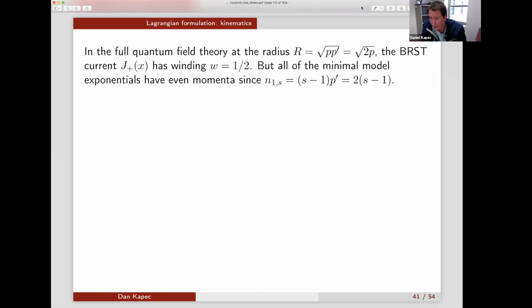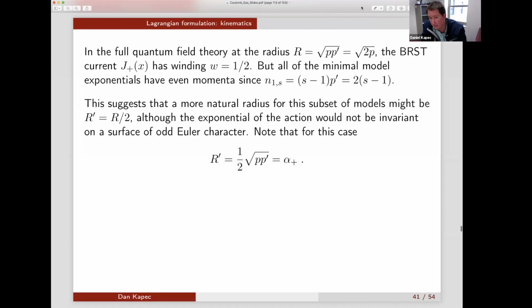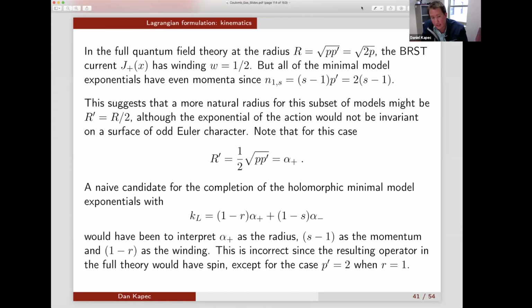So it looks like it would rather live at a radius which is 1/2 of what I'm using. In that case it would be equivalent to choosing R to just be alpha plus, essentially, which would be square root of P over 2. That would have been a naive guess for how to complete this model, because when working holomorphically, they're choosing left moving momenta which are some integer times alpha plus some integer times alpha minus.